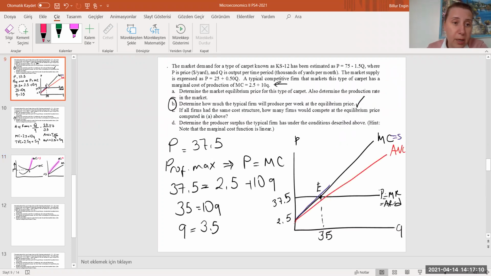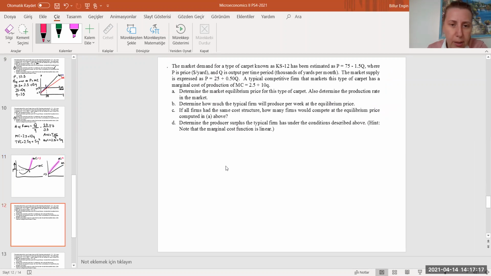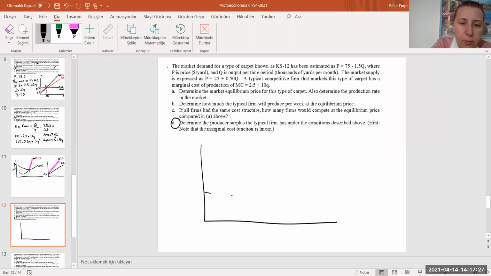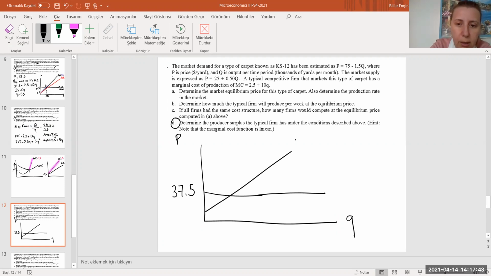So the question is, what is the producer surplus for the typical firm? Let's draw it here again. We are talking about question B. The price is determined in the market as 37.5 and here P, and the marginal cost function is something like that.